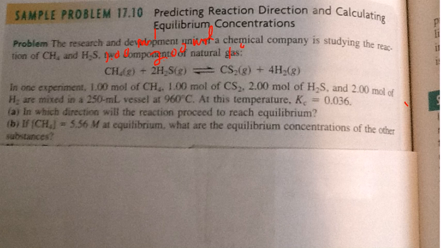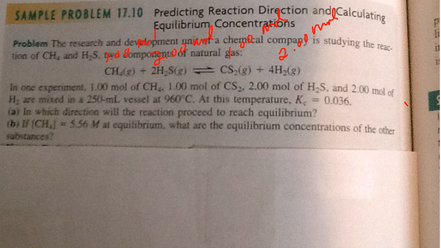One mole of CS2 and 2 moles of H2 are put together in a vessel. So it looks like none of this is at equilibrium. In fact, it looks like a random amount of each of these, right? 1 mole of the methane, 1 mole of the CS2, 2 moles of H2S, and 2 moles of H2 have been added to a reaction vessel.